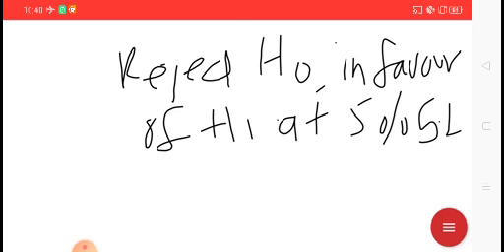Okay, so this is for part 1. For part 2, state in your words relating to the context of the text what is meant by a type 1 error, and state the probability of type 1 error in this part 1.